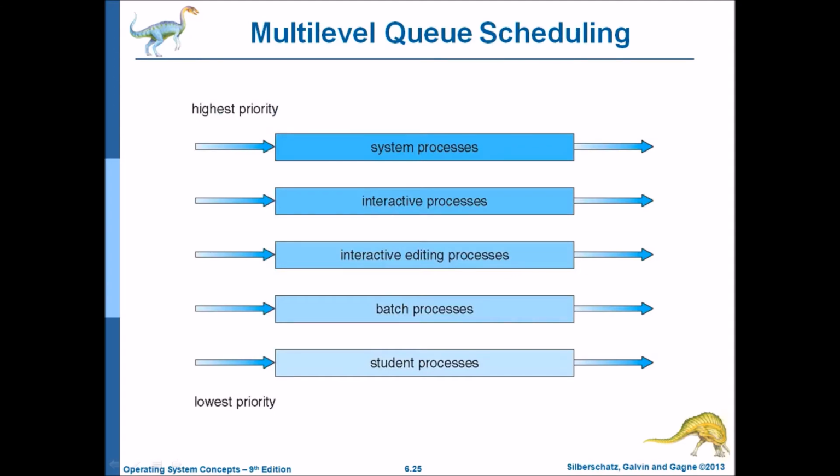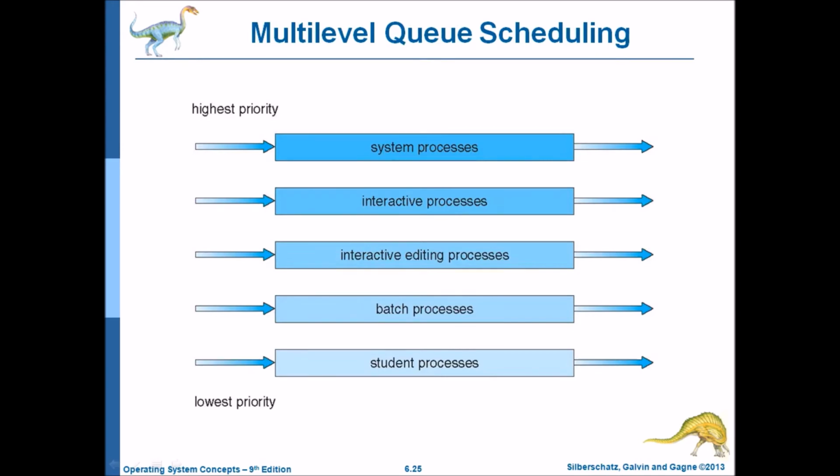So here we are looking at an example of a multi-level queue scheduling algorithm with 5 queues listed below in order of priority. We have the system processes, the interactive processes, the interactive editing processes, the batch processes, and then the lowest priority is the student processes. Each queue has absolute priority over lower priority queues.